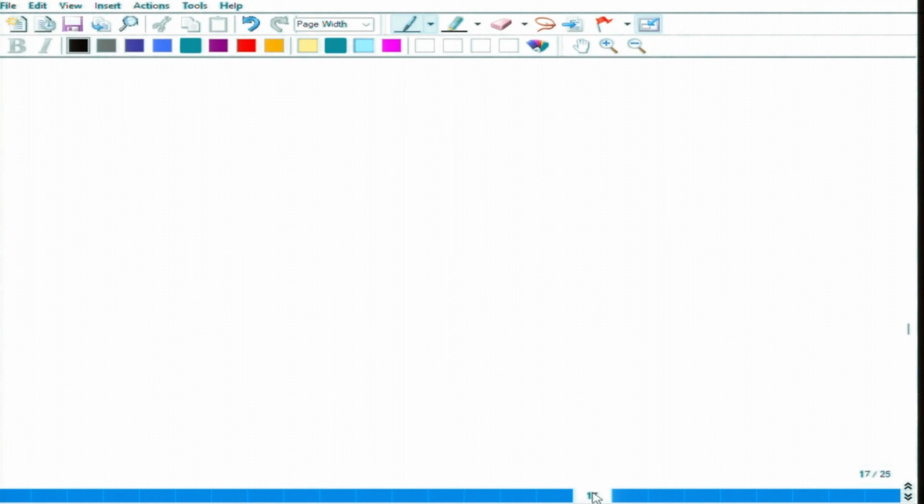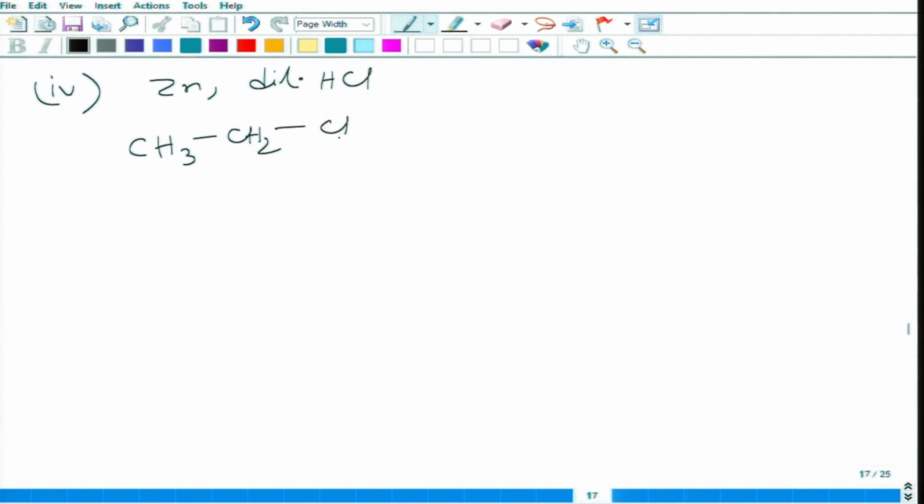Now, there is another method of converting alkyl halides to alkanes, that is by zinc and dilute HCl. This is an example. We have hydrogen and we have zinc and HCl.